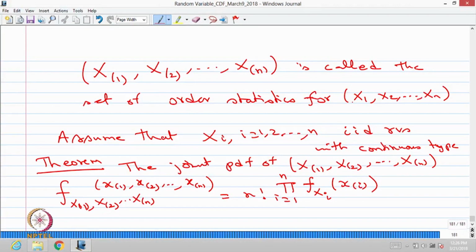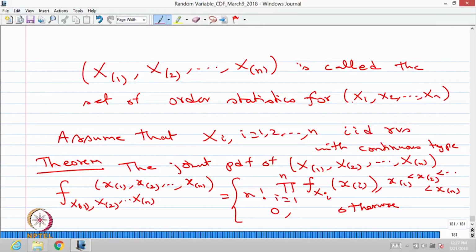The product of this probability density function multiplied by n factorial is going to be the joint probability density function within the region where x bracket 1 is less than x bracket 2 and so on till x bracket n. Otherwise, it is going to be 0. So, this result also comes from the theorem.